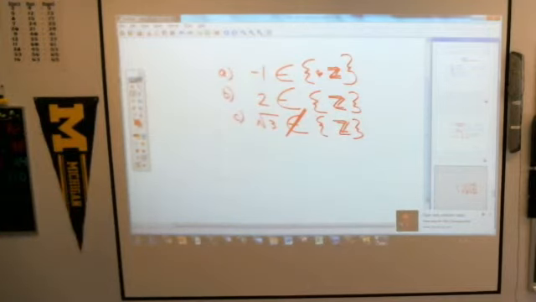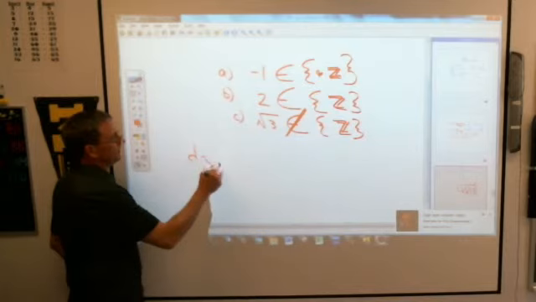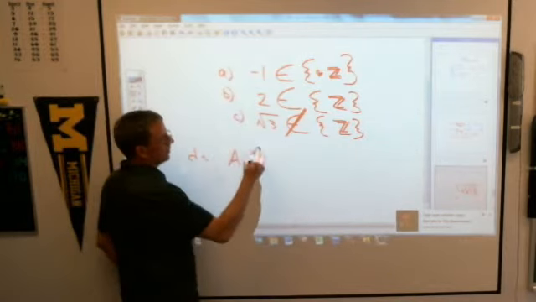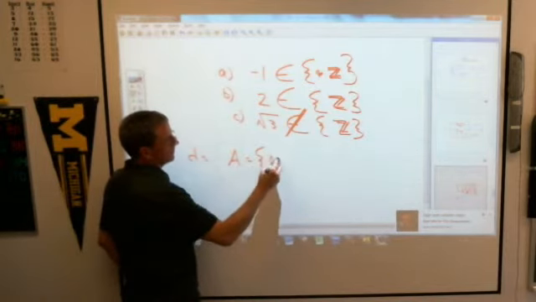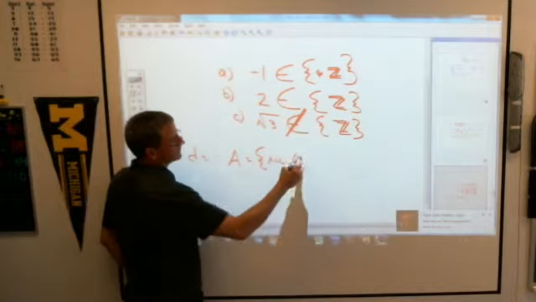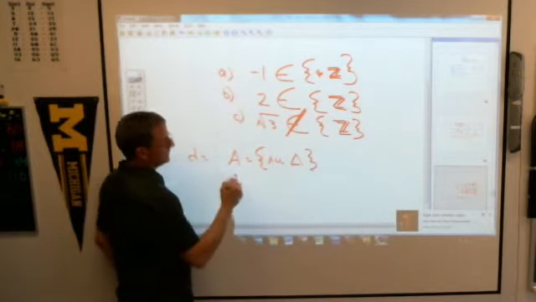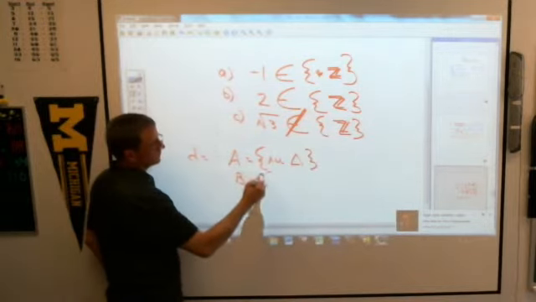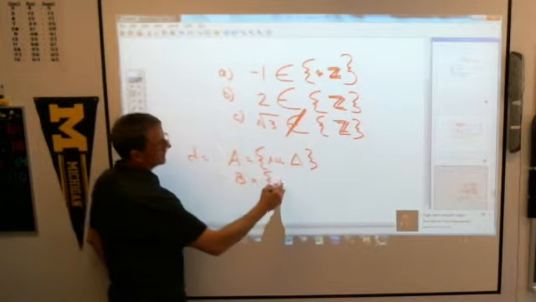How about letter D? Use the subset symbol to show the relationship between A and B. So look at letter D. Letter D says A is all triangles, right? And B is what? All polygons.